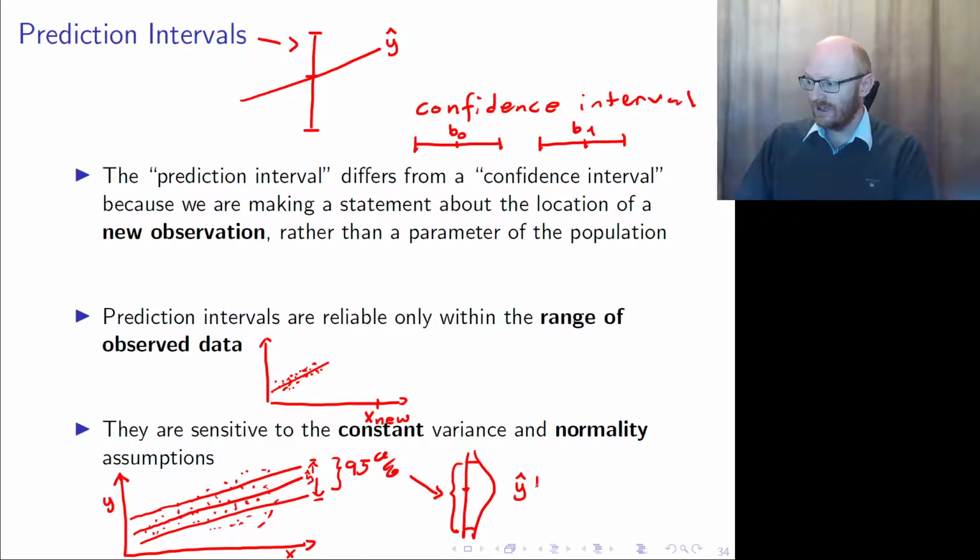If it was not normally distributed, you could not use the standard deviation of the errors to create this band, because with a non-normal distribution you would not know how much of the distribution you actually covered by using these standard errors, or standard deviation of the errors.